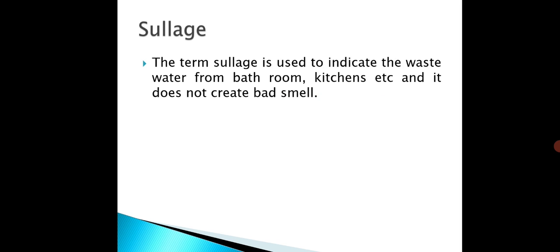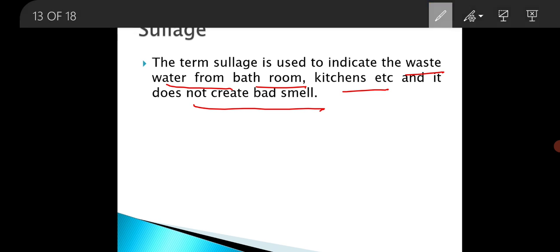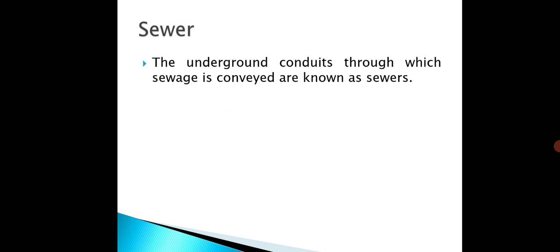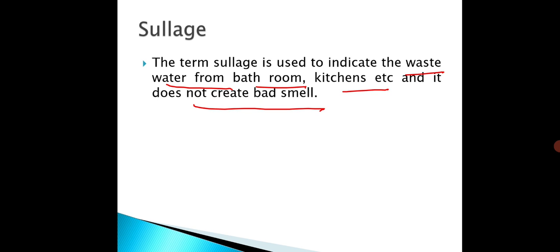Last one is sullage. Sullage is used to indicate the waste water from bathroom, kitchen, etc., which does not create any bad smell. So this is all about the different types of refuse.